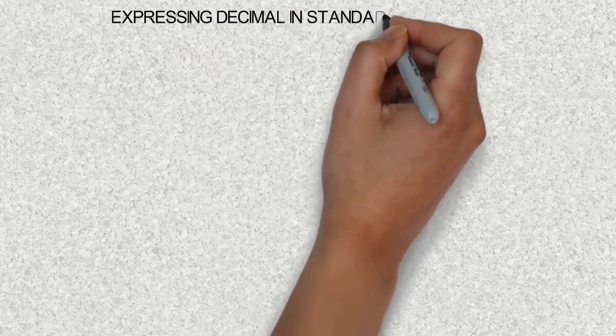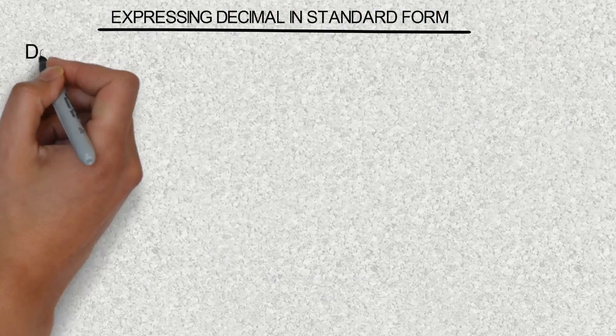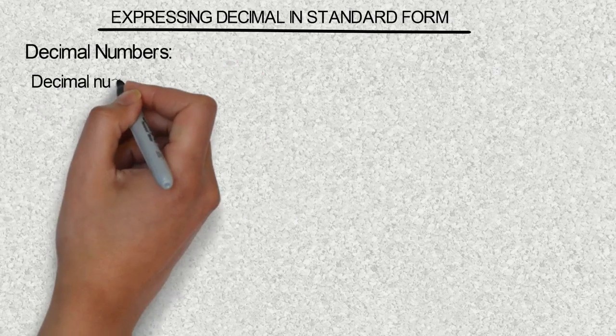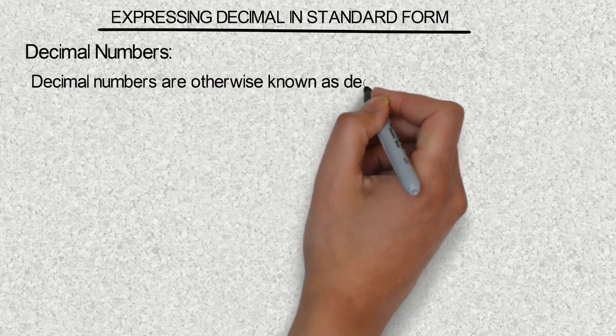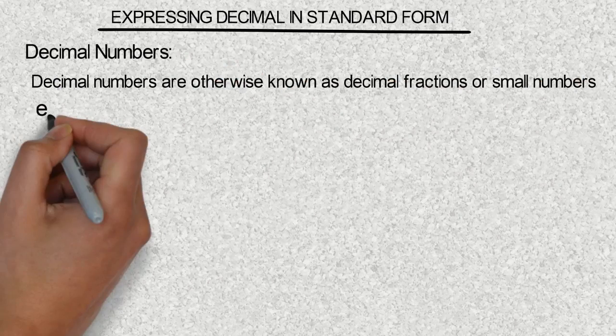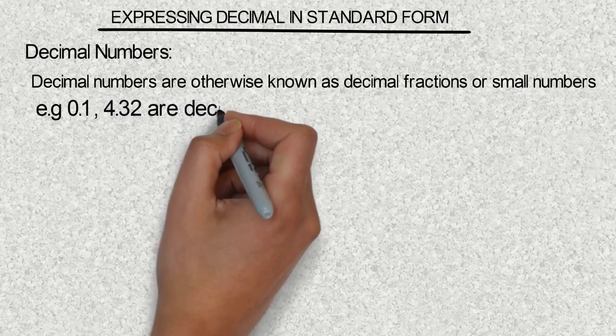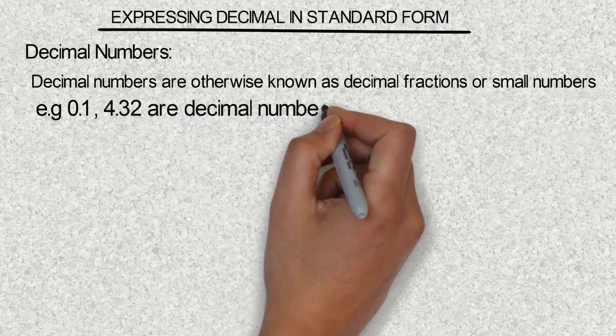Also, expressing decimals in standard form. So what are decimal numbers? Decimal numbers are otherwise known as decimal fractions or small numbers, e.g. 0.1 and 4.32 are decimal numbers.